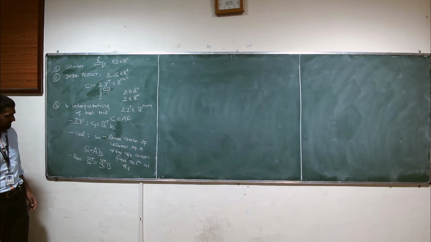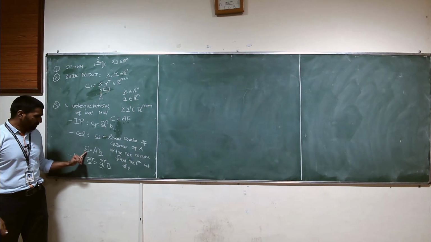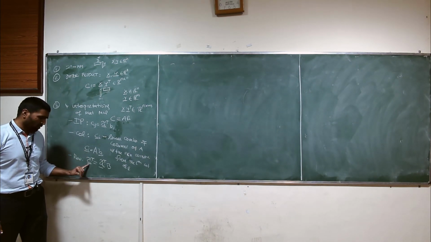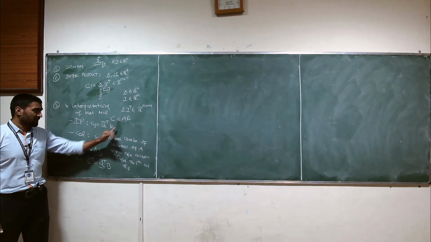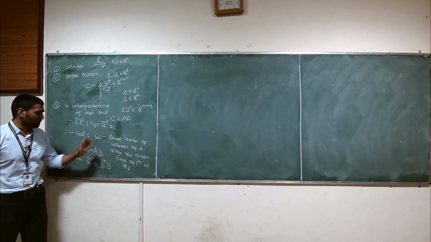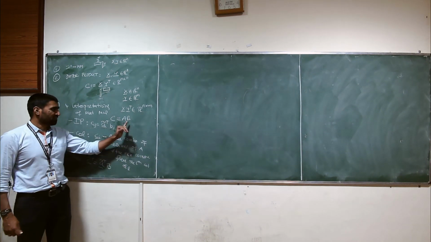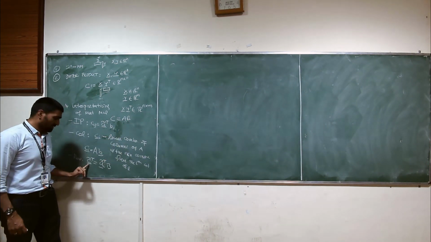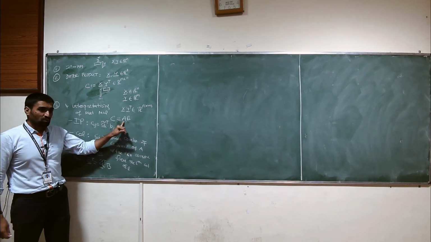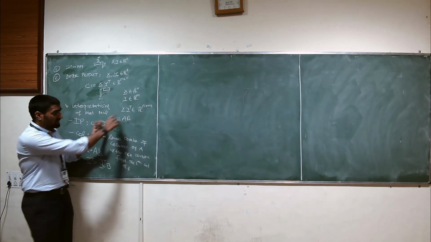Okay? This also means if you only want to know a specific column or row of this matrix C, you don't have to do the entire matrix multiplication. If you want to know the ith column of C, you only have to know the ith column of B. If you want to know the ith row of C, you only have to know the ith row of A, but the other matrix in full.